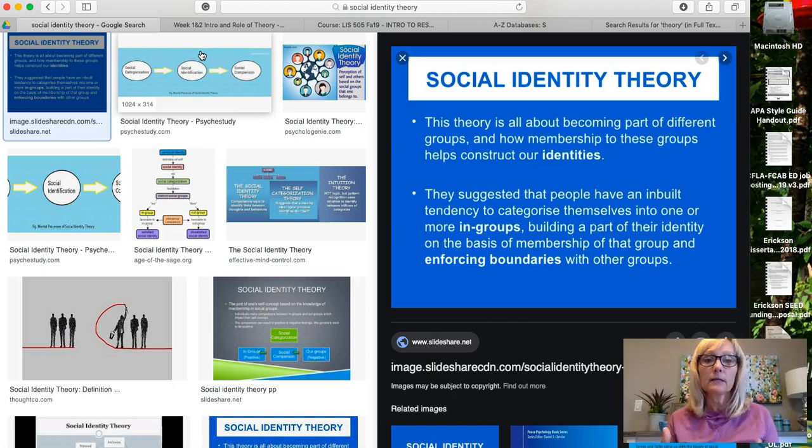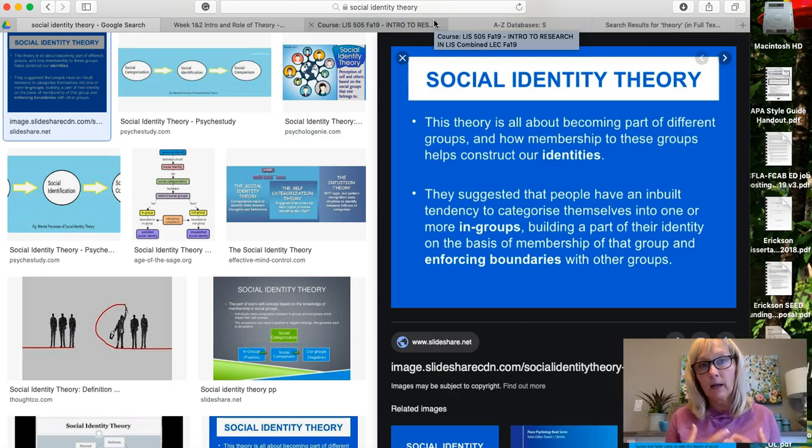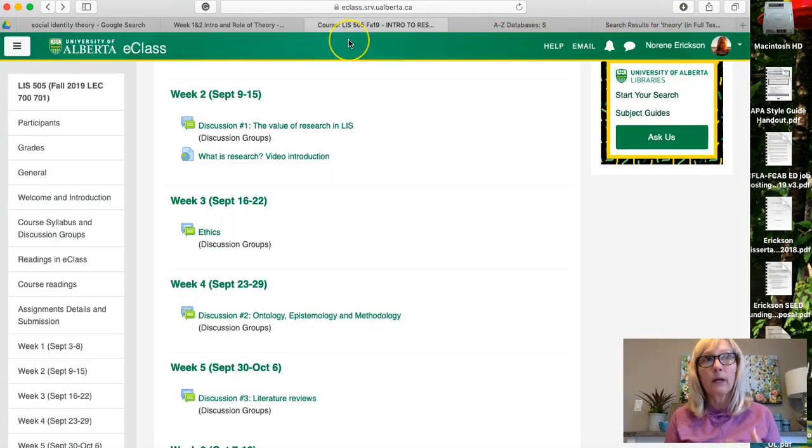And that is said to inform our identity at work. How we relate to other people, what groups that we're in, that helps us to create what we consider to be our identity. So when I did my research, I looked at people's concepts of their work identity through the lens of social identity theory.